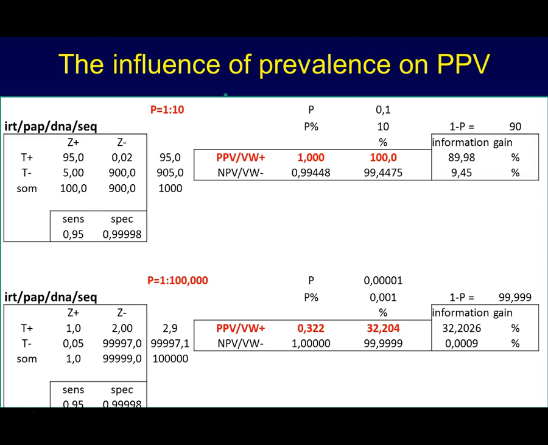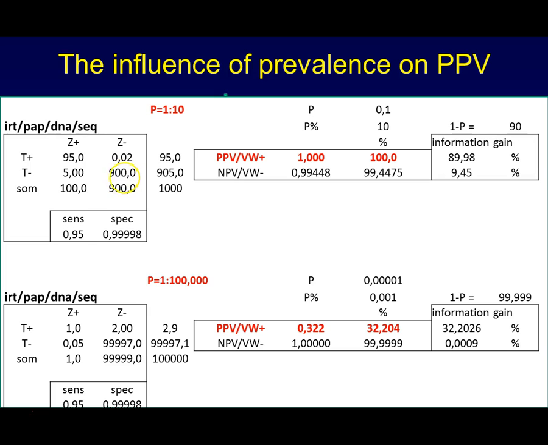If we apply a prevalence of 1 in 10, it means that we have 1,000 subjects, 100 of them have the disease, 900 of them do not have the disease. With a sensitivity of 0.95, 95% of the diseased subjects have a positive test. 5% of the subjects have a negative test, but are diseased.